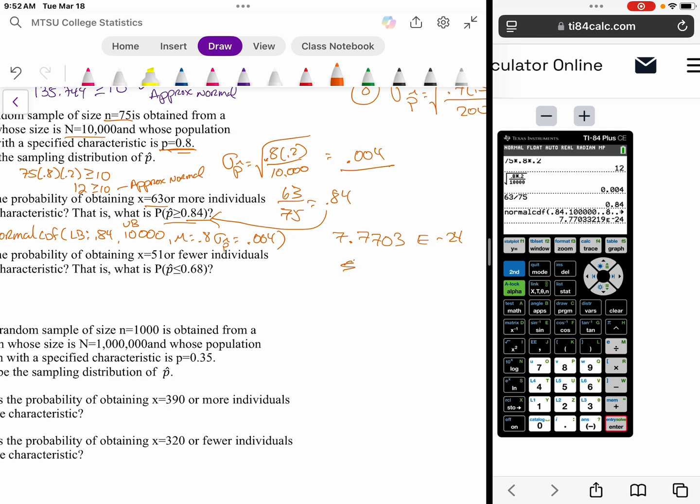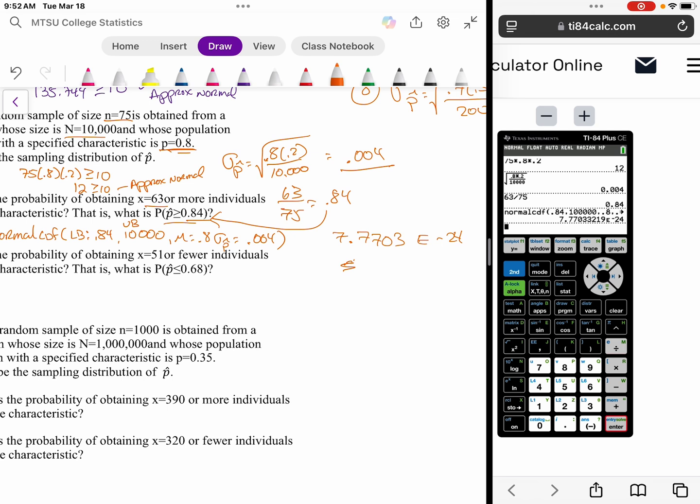Now, what does that mean as an answer? Anybody can tell me what that means? Is that a high probability or is it a low probability? It's a low one, isn't it? Because that negative 24 means I have how many zeros technically in front? Yeah, 23 zeros.